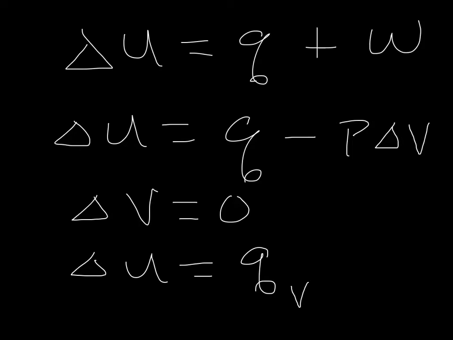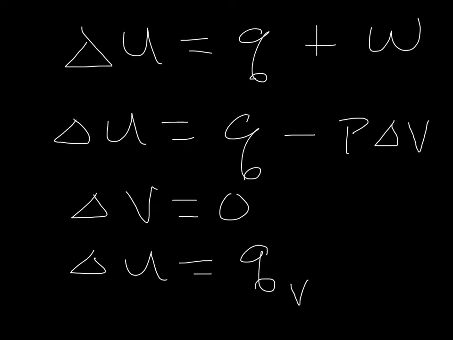So what happens to this equation when a reaction occurs under constant pressure conditions? Well, let's take a look at these equations again. Okay, so delta U, as you know, is equal to Q plus W.